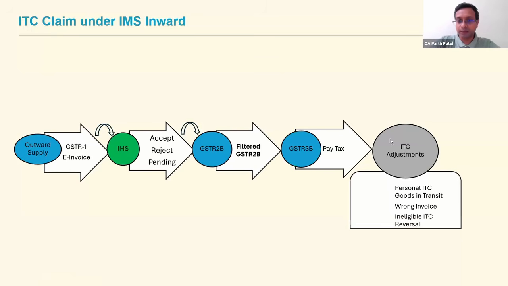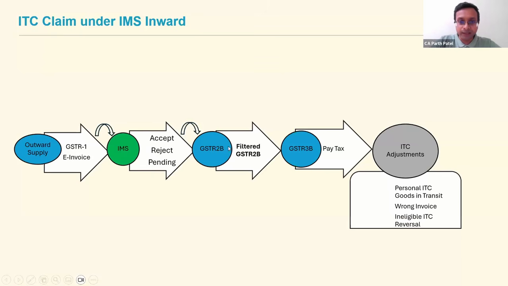Let's say if there are ineligible ITCs which we shouldn't be taking up. So all this can be rejected or kept pending on the IMS by virtue of doing that particular action.